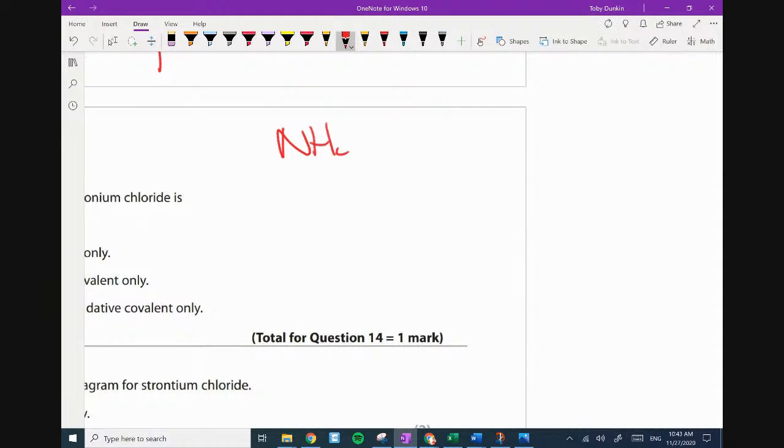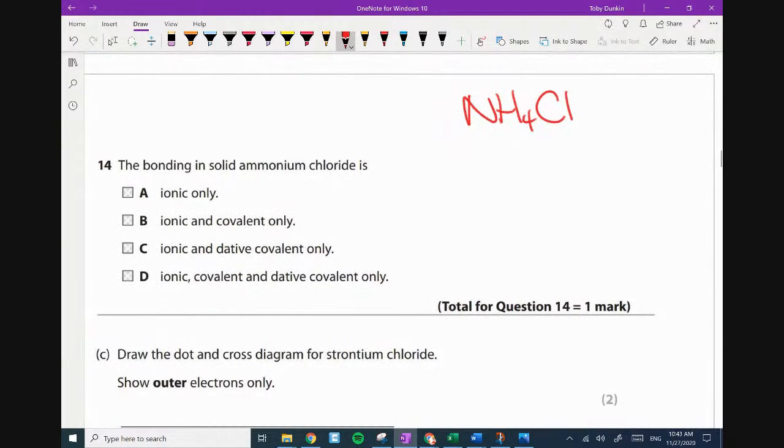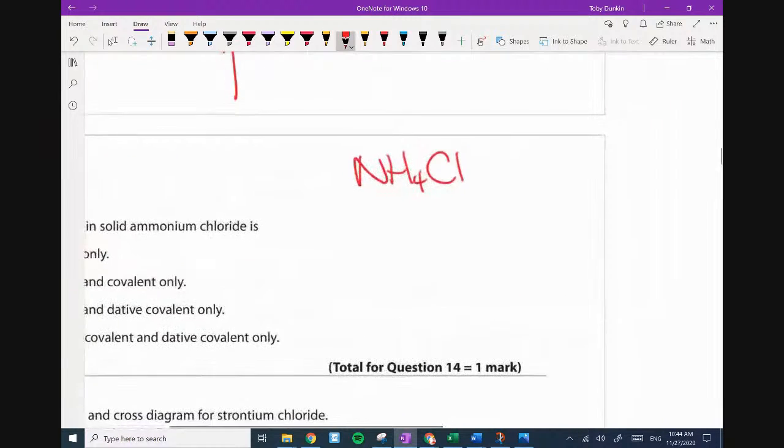Ammonium chloride is NH4Cl. If they said in that question, which one of these explains why ammonium chloride has a high melting point, you'd go ionic. Yes, the high melting point is because it's ionic.